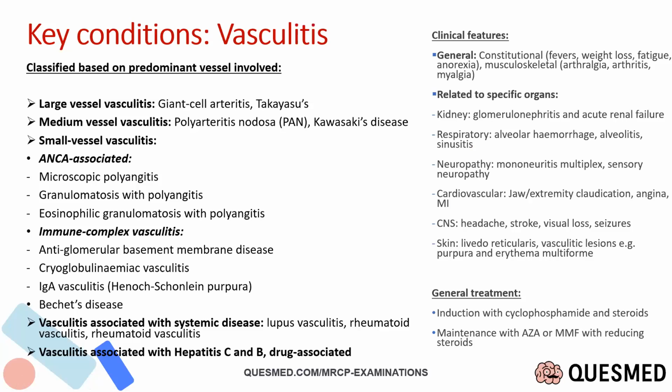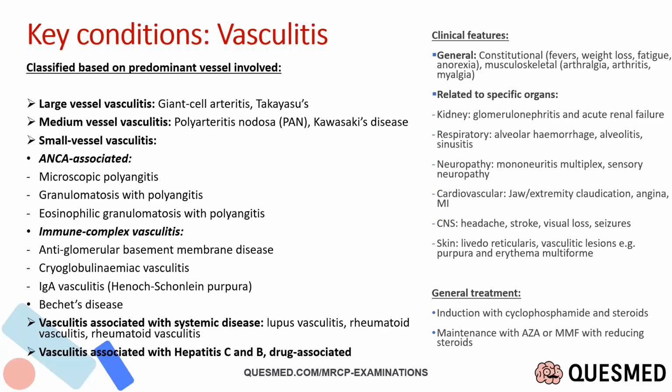And then in terms of the clinical features to be aware of, often patients will have those constitutional things: fevers, weight loss, fatigue. They often will have joint pains and muscle pains. You then are looking at specific organ vasculitis. So kidneys, a big thing to be aware of, respiratory symptoms.